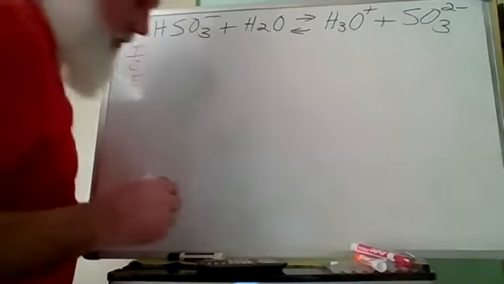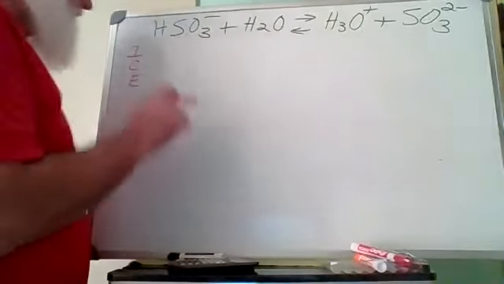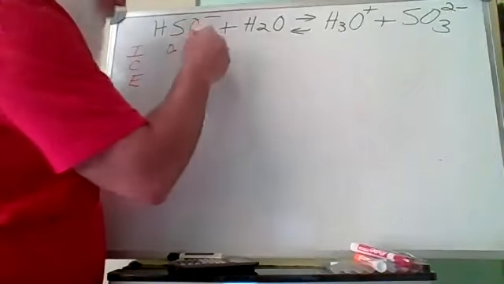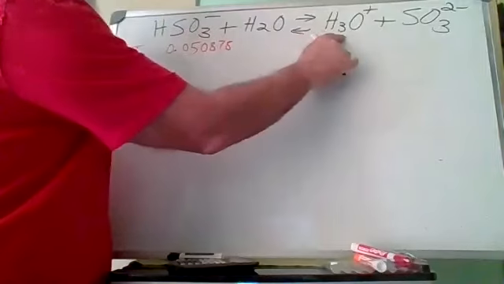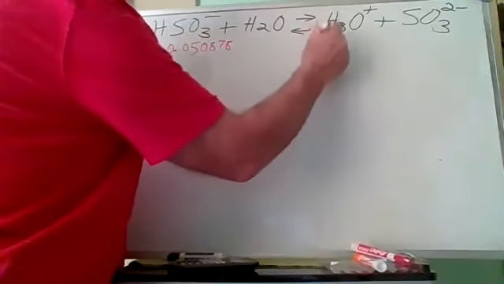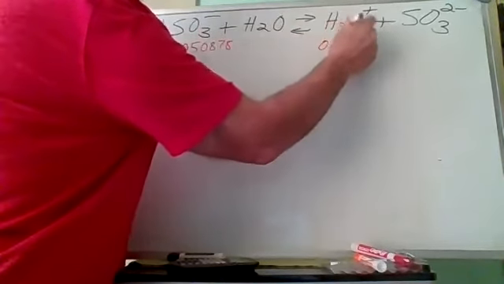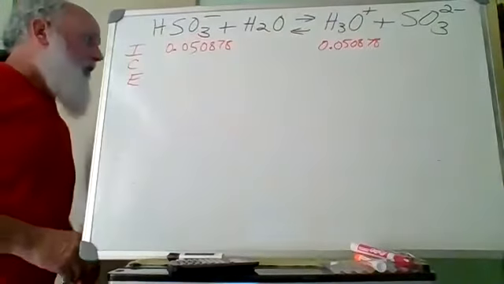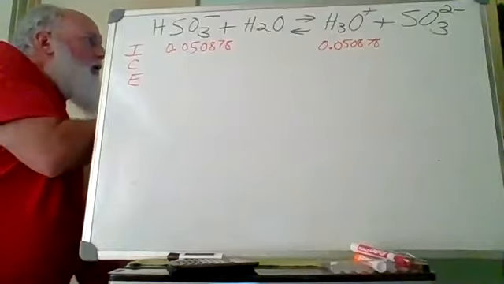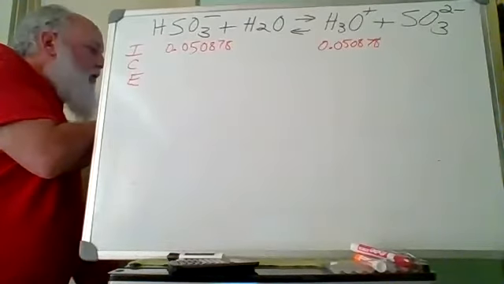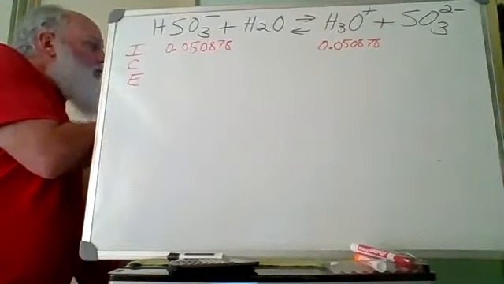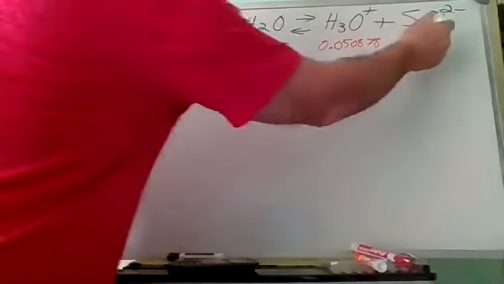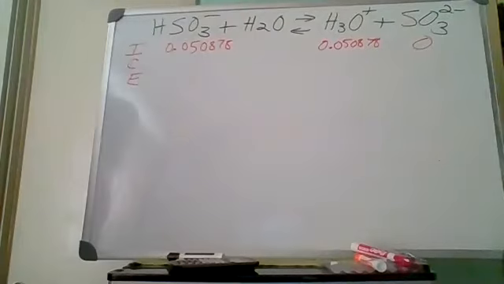So that was 0.050878. That's also the concentration of this, 0.050878. Remember, that was just X that we solved for. Let me just bring up the previous values, so as we're doing each step, I can check and make sure that we have the right answers here. And there's no sulfite anion at the beginning.